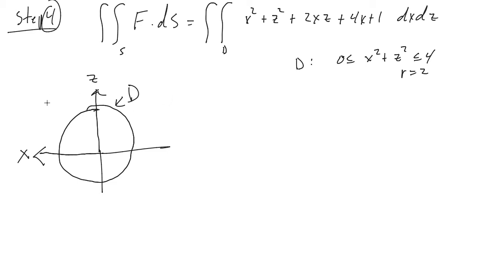Now this is on the xz plane, of course. We have a radius of 2. Because this domain is circular, we're going to need to do a change of variables on this.